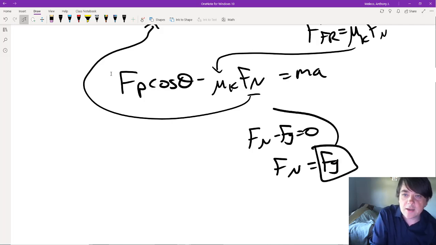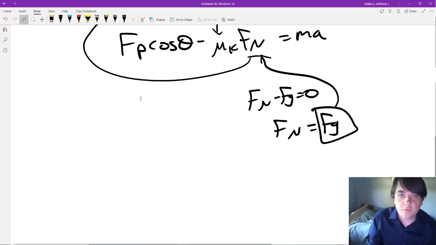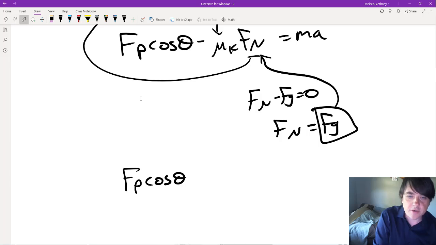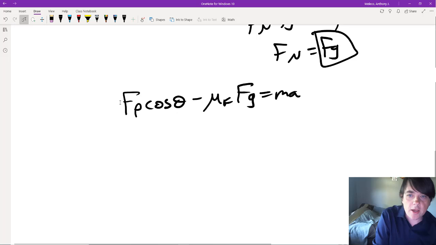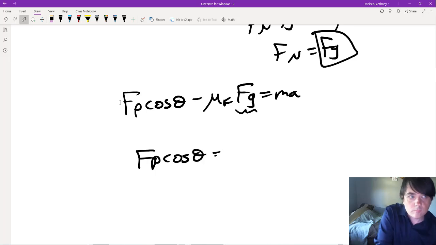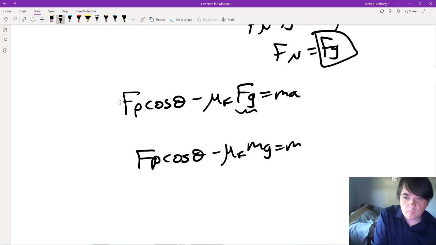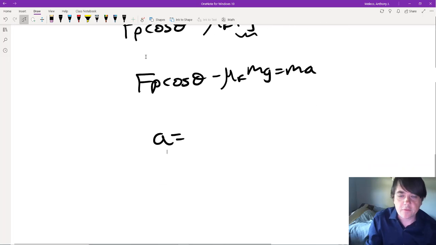So we can go ahead and plug that in there. So now our equation to solve for acceleration is this. We can go ahead and turn this into mg. And now we just need to divide and then plug in all the values.